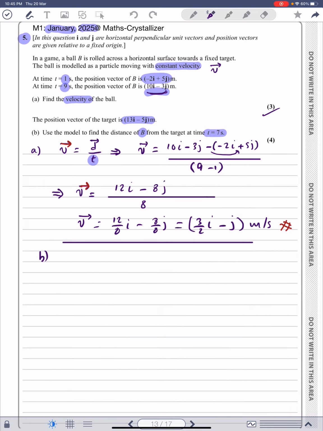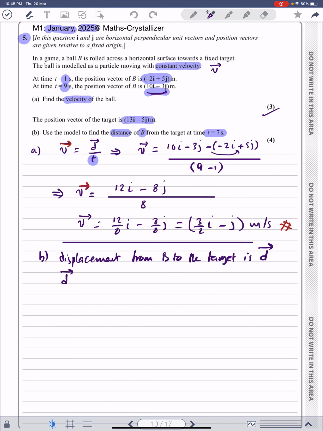So the distance, or vector displacement from B to the target, call it, for example, D vector. Once we first find the D vector, then we calculate the distance, which is the magnitude of this. So we have to find the D vector first, the displacement from B to the target.